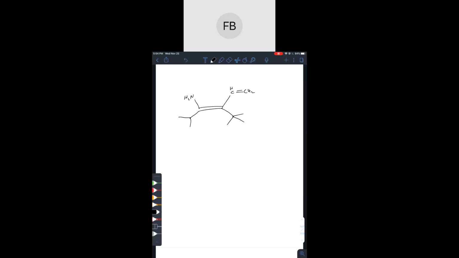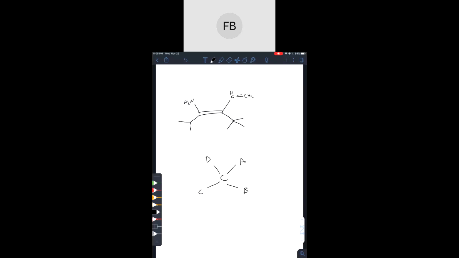So a chiral carbon is going to have something we'll call A, something we'll call B, something we'll call C, and something we'll call D, right? So basically you have to be able to have number 1, number 2, number 3, number 4, and they all have to be different weights so that you can rank them in terms of weight.